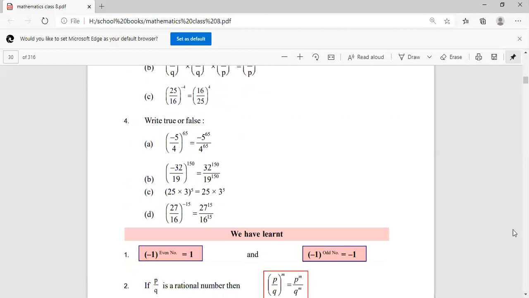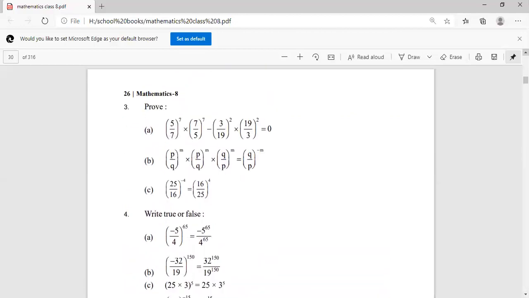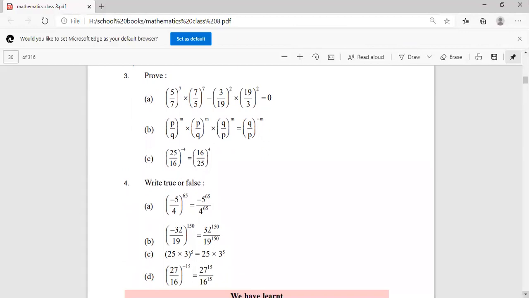In this way, chapter number 2 of your mathematics subject is completed. How you have to submit your homework will be informed to you later, using your mobile number, whenever you attend the next class.